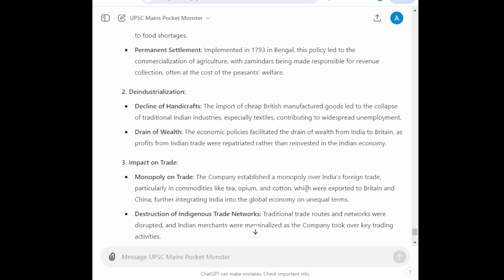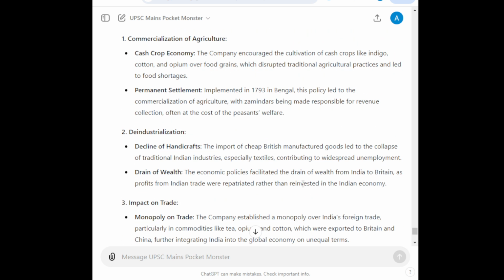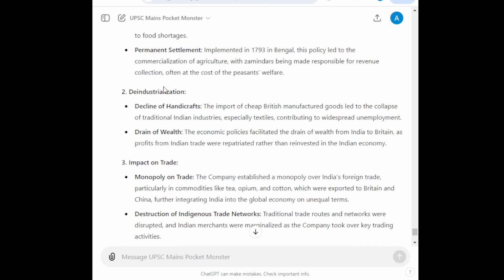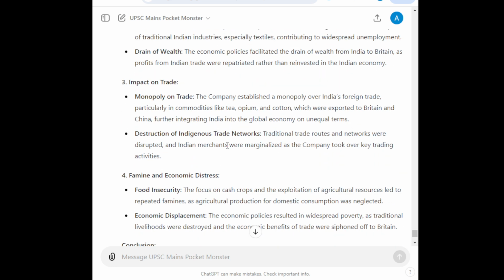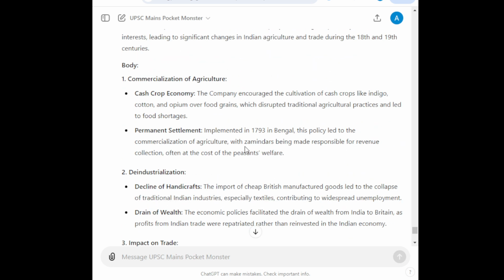All right, I think this much is enough. I think these things will remain in my head because we already know these things. And when we talk about drain of wealth, the investment not in India but in Britain, reinvested, repatriated. So breaking traditional networks and all this will be remembered. I hope this is how I study.